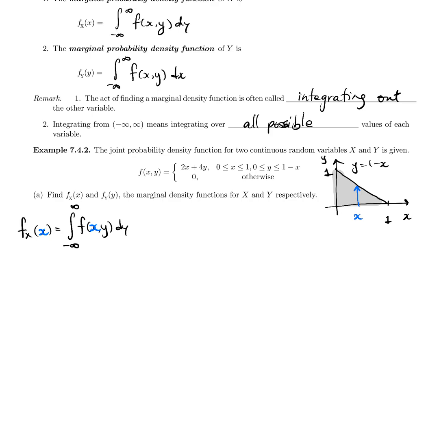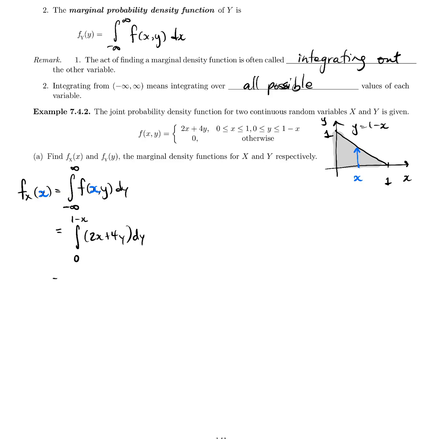So that integral is equivalent to the integral from 0 to 1 minus x, because outside of that interval everything is 0. If we integrated on the parts where we have a 0 density, we're just going to get 0. So the integral from 0 to 1 minus x of the density function, 2x plus 4y, with respect to y.